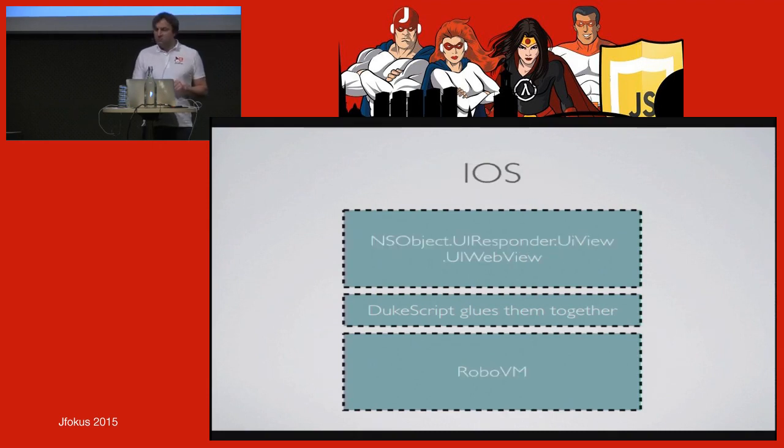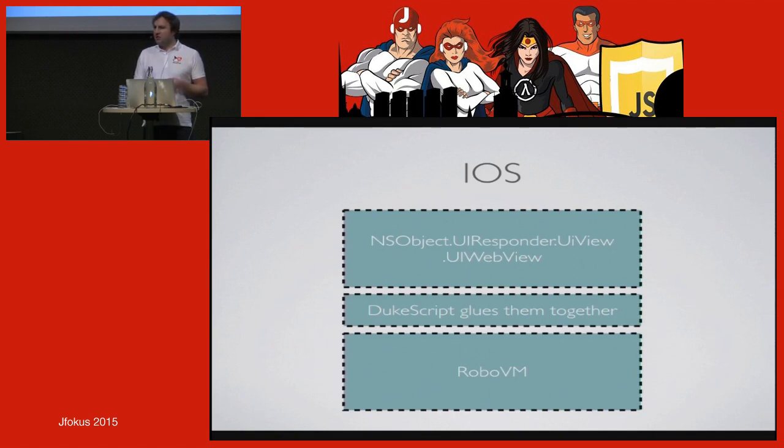And on iOS, we have, thanks to Niklas, the RoboVM virtual machine. And it's just the same. Basically, if it runs very well on Android, it will also run very well on iOS, because it uses basically the same runtime libraries, at least at the moment.